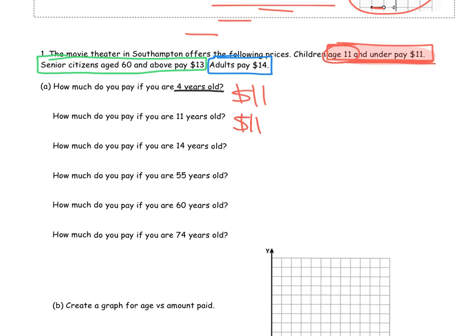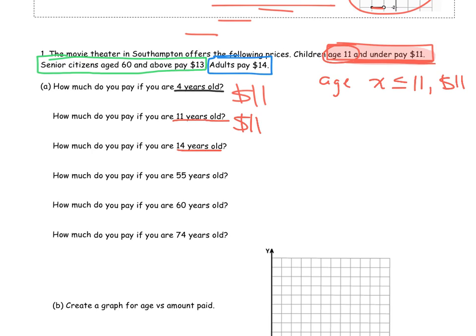What about now if you're 14 years old? Before we were 11 years old, what about 14? Well, let's take a look. If you are age 11 and under, so let's say your age is less than or equal to 11, you're going to pay $11.